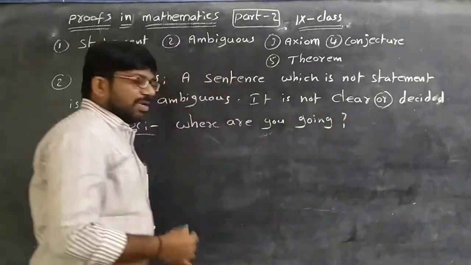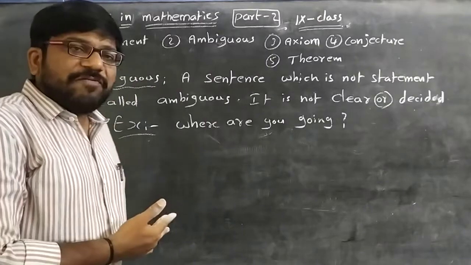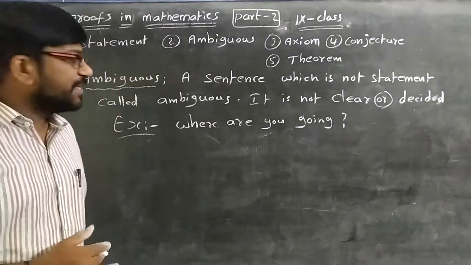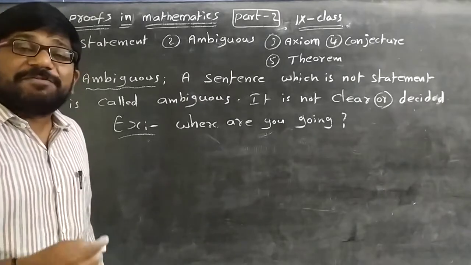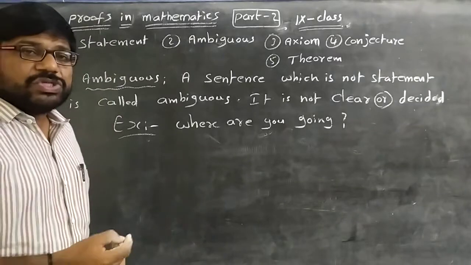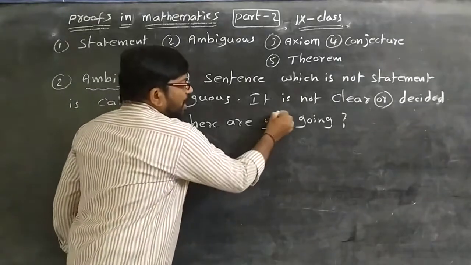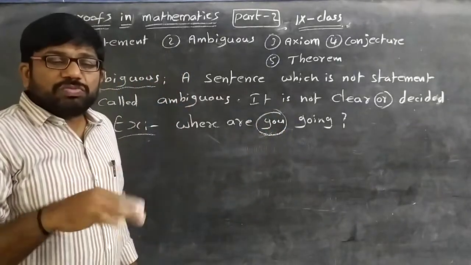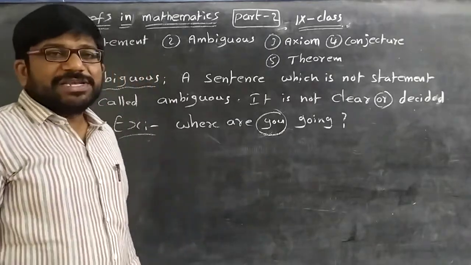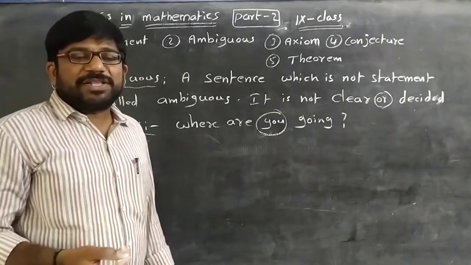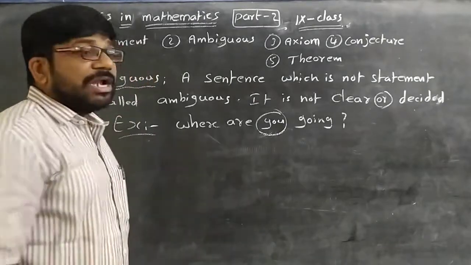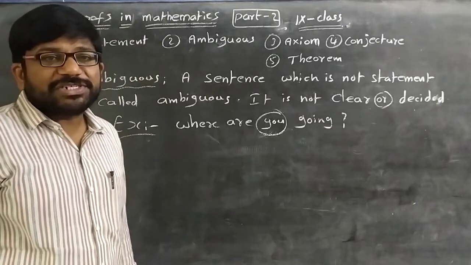Is it true or false? We can't say. There is no sufficient clarification. We don't know who you are or where you are. So it is an open sentence, and we can't say it is true or false. There is no specification, so it is called ambiguous.